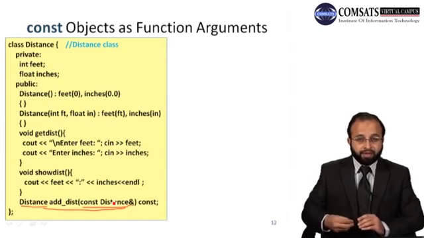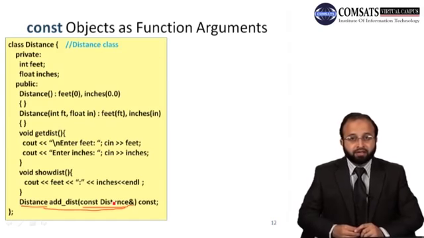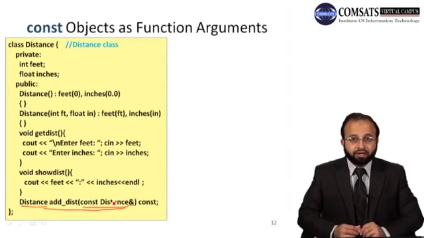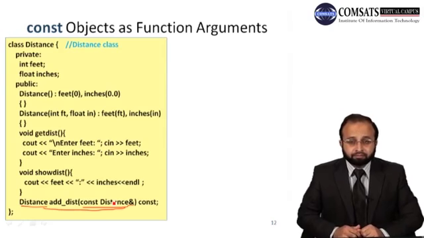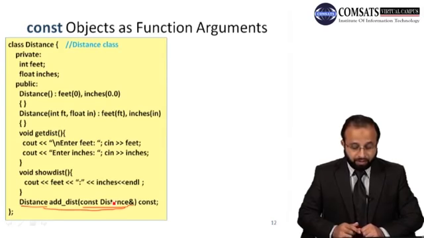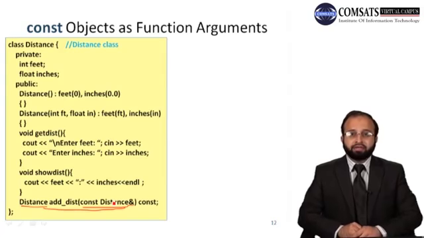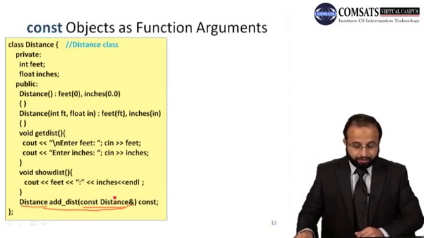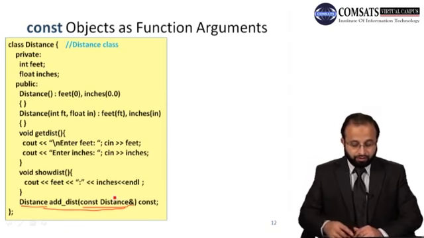So the reference object that you are passing as a parameter, in the way that you pass by address, if you pass the variable by address, it is possible for that function to change the value of that variable, right? And if you pass it by value, then the change made by that function will be local. But if you pass by reference, reference is like creating a different name for the same memory location, right? So we will see in detail.